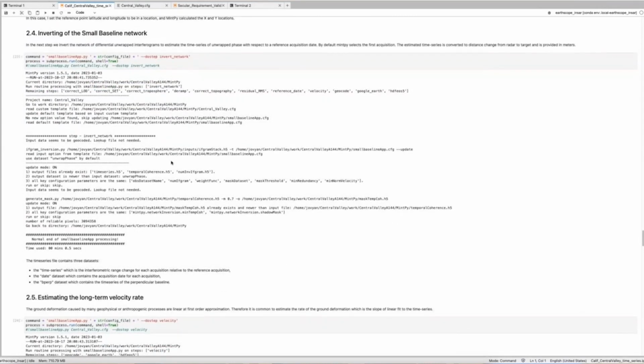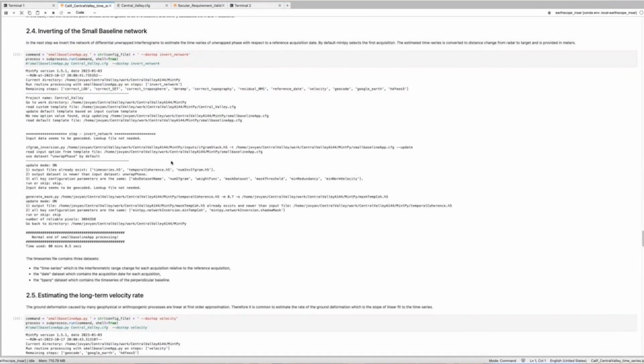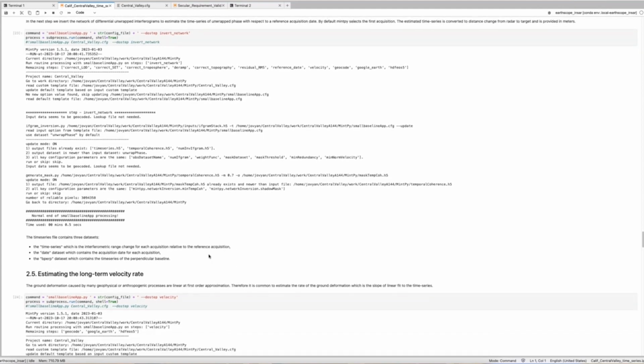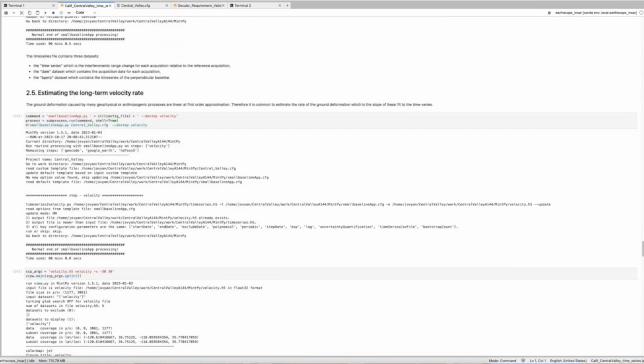The next step is to run the actual network inversion. We take those pairs of interferograms and do a least squares inversion to estimate what deformation there is at each point, each date and each point. And then we can take that set of dates and calculate the velocity, which is the average velocity over the course of that year.